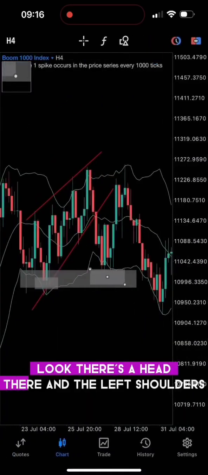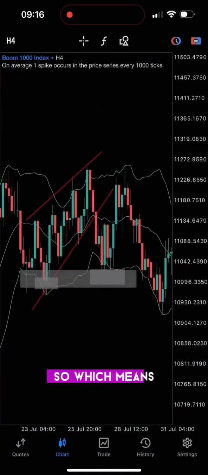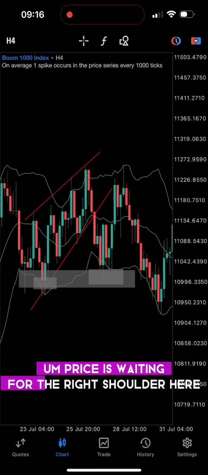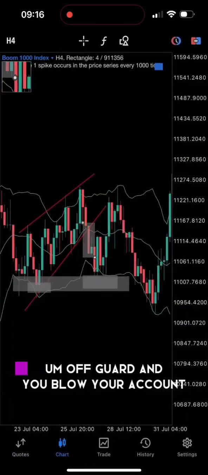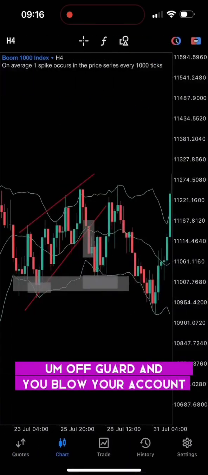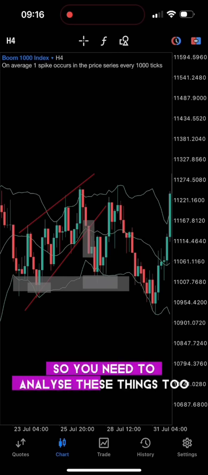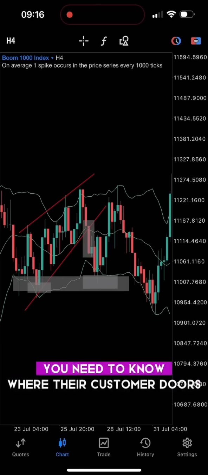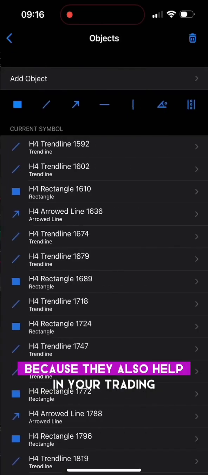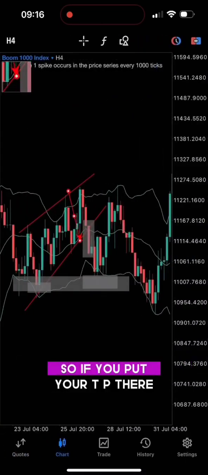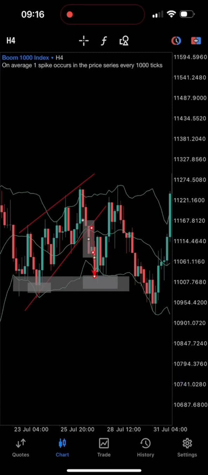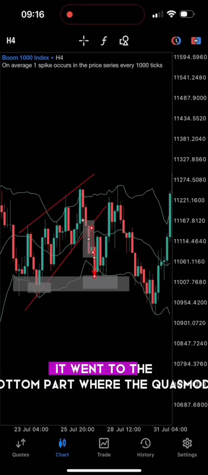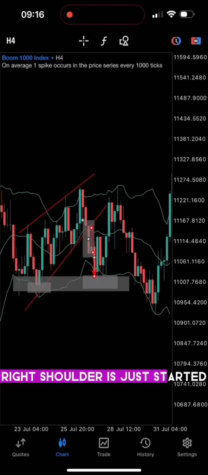Look, there's a head there and the left shoulder, which means price is waiting for the right shoulder here. So if you don't notice that, you'll be caught off guard and you blow your account. So you need to analyze these things too. You need to know where the Quasimodos are, because they also help in your trading. So if you put your TP there, your line inside, you see it's accurate. It went to the bottom part where the Quasimodo right shoulder just started.